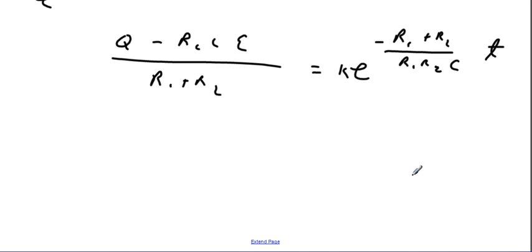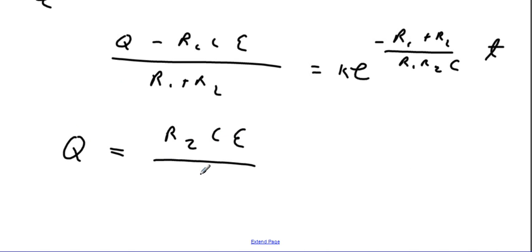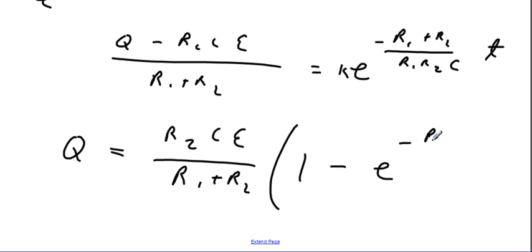Fine. And then that's our answer for Q. Q is equal to R2CE divided by R1 plus R2 times (1 minus e to the minus (R1 plus R2) divided by R1R2C times t).